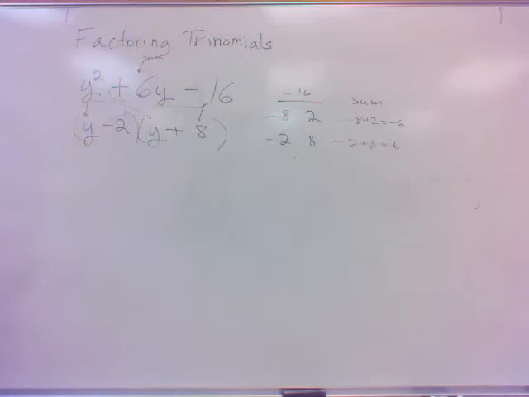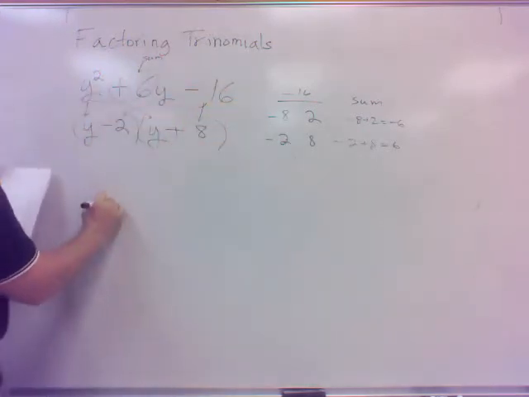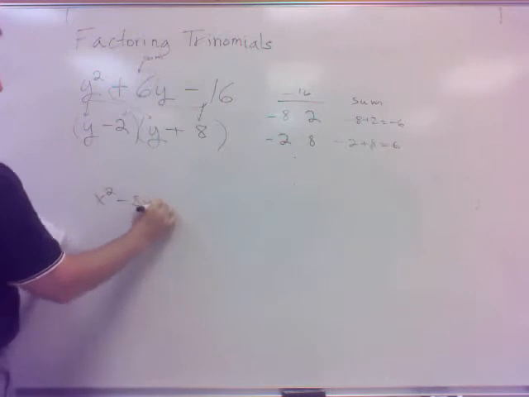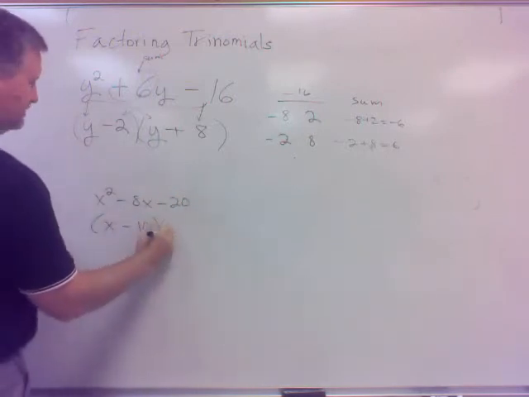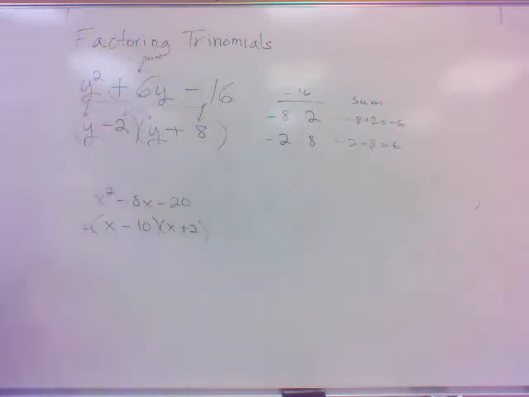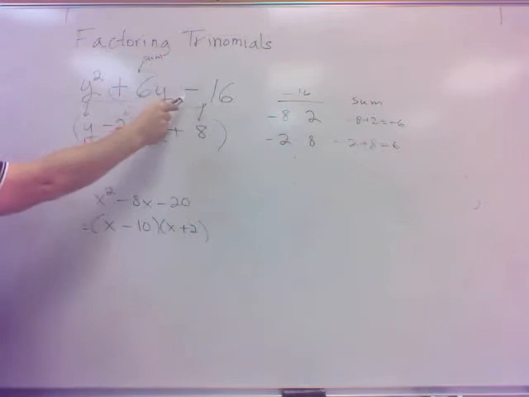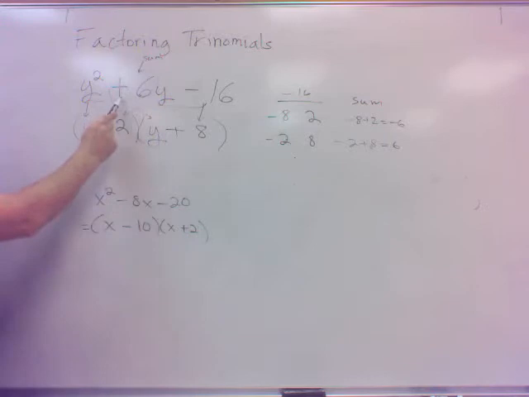Point I would make here is that last one, which was, what was that last one? X squared minus 8x minus 20. It was x minus 10, x plus 2. That was the previous one. What I would have you note there is that in both cases, the last term is minus. The middle term was plus on this one, the middle term was minus on this one, but that had something to do with the sum.